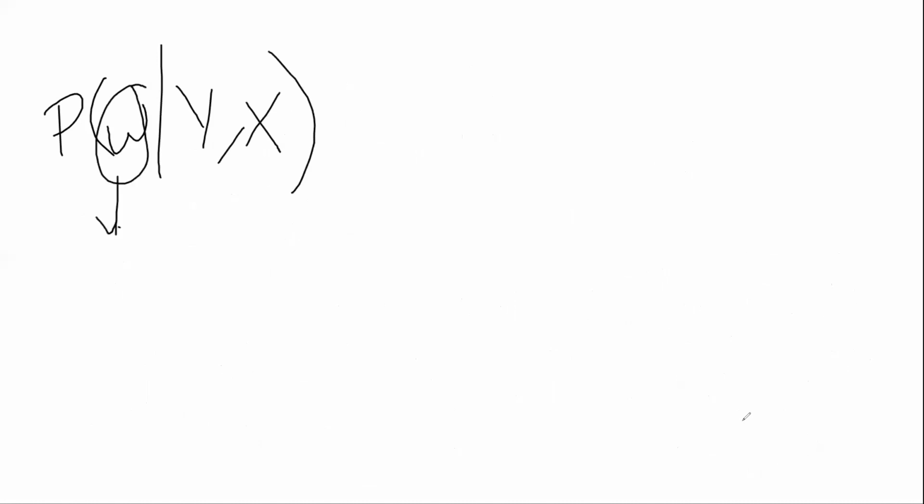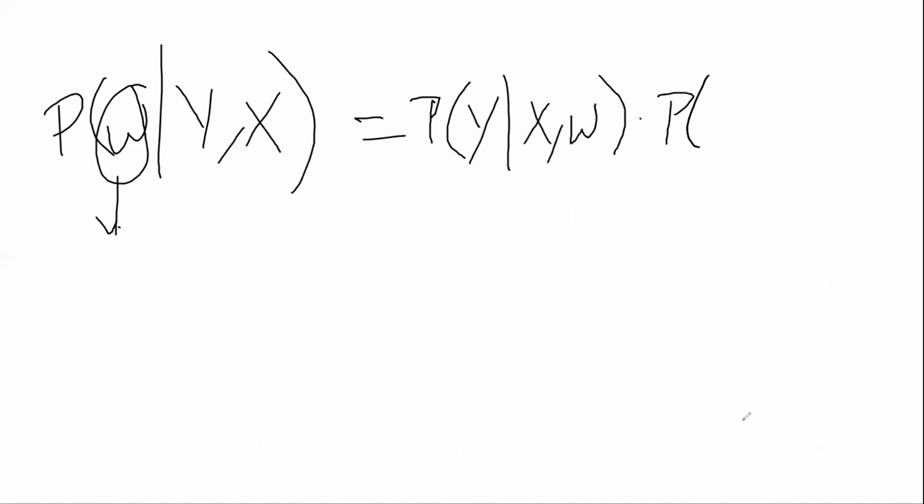Yeah, if you are interested, I'll write beta as W. So you are interested in finding this W. With Bayes' rule, you can write this down. This is a joint probability.